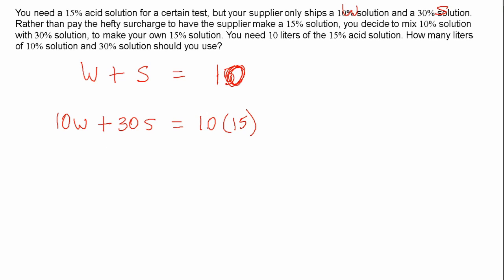Let's keep working this out. 10W plus 30S equals 10 times 15 is 150. Okay? So as you can see, we've set up an equation to solve this one, but that said, we have 2 different variables, namely W and S. And the question is, how are we going to solve this with 2 different variables?